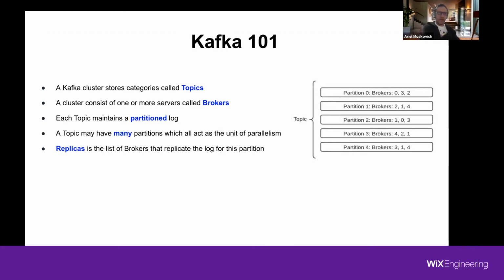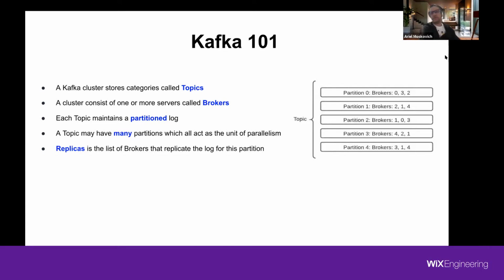Also, each partition is populated by one broker or more. So if, for example, we're running a topic with a replication factor of 1, this partition will be populated by one broker. If we look at the example at the right, we can see an example for a topic.